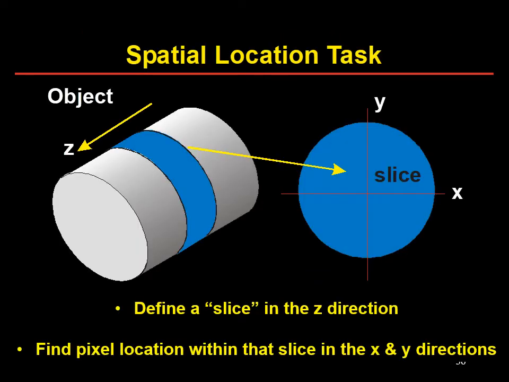The spatial localization task is done in a stepwise process that is dependent on that first equation shown at the beginning of the first part of this talk, the Larmor equation. The way the spatial localization is achieved is by conventionally first defining a slice in the z direction and then finding the pixel location within that slice in the x and y directions.